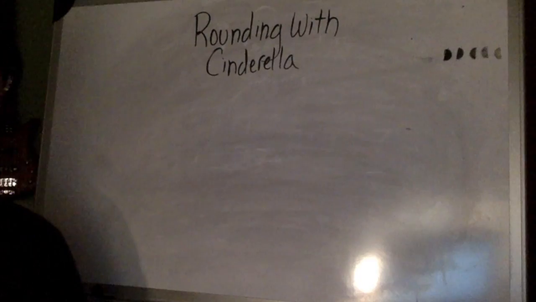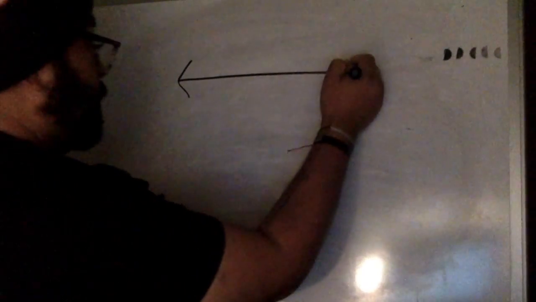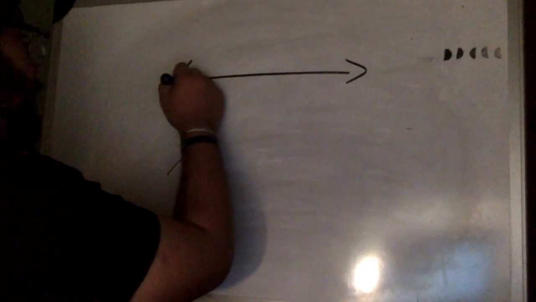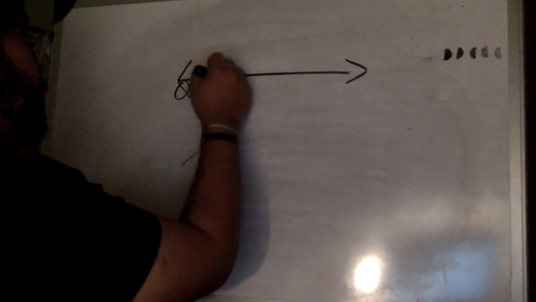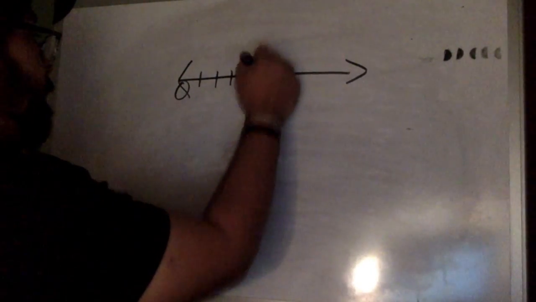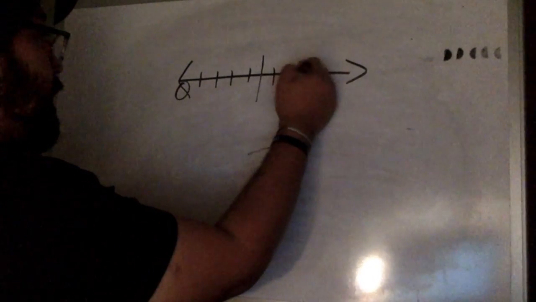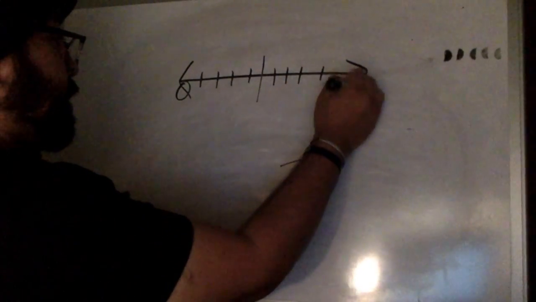Let's get started. When rounding, there is one rule that I love to follow. It's called 5 and up, 4 and below. This is how it works. On a number line, we start with 0, 1, 2, 3, 4, 5, 6, 7, 8, 9, and 10.